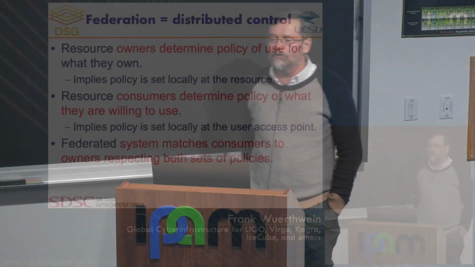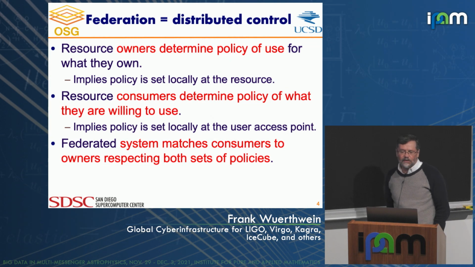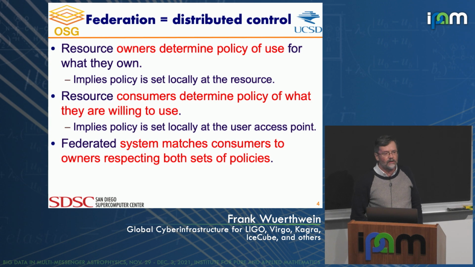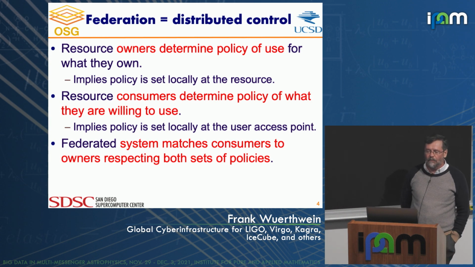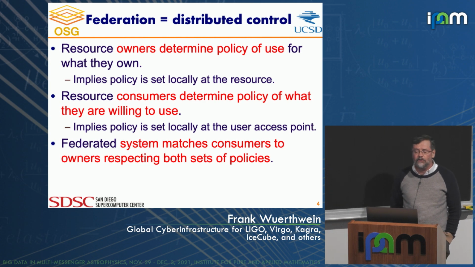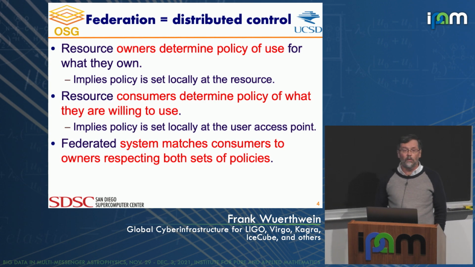So what do I mean by federation first? Federation means distributed control. The owner of a resource determines who gets to use it, and that implies that policies are always set locally. And then the resource consumer determines the policy of what they're willing to use.